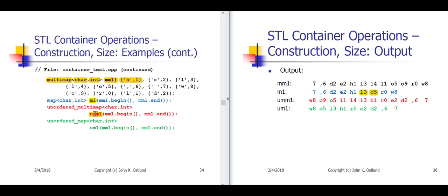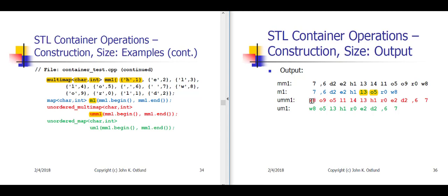We now do the same thing to construct our unordered multimap from char to int using the values from MM1 begin up to but not including MM1.end. For the unordered multimap, the keys are in some seemingly random order, but duplicate keys are allowed.